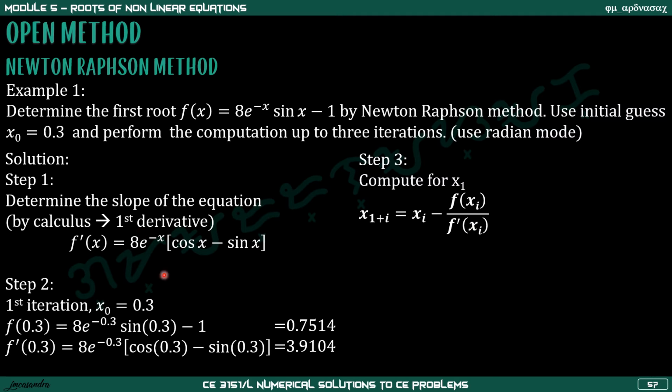We were able to identify the values of our functions when we substitute x sub 0 equal to 0.3. So this will be equivalent to 0.3 minus its equivalent function 0.7514 divided by 3.9104.